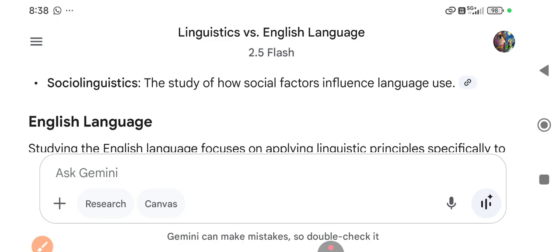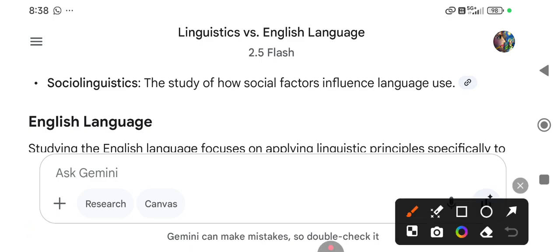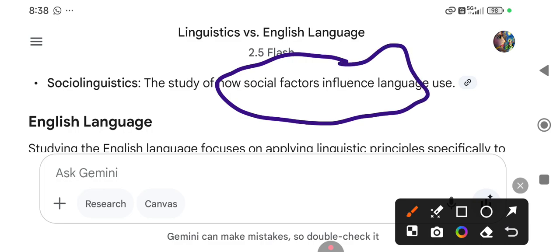Then sociolinguistics, the study of how social factors influence language, right? Social factors mean rituals, people, community, geographical situations, and also this affects the situations.